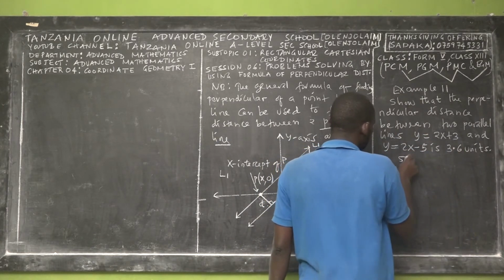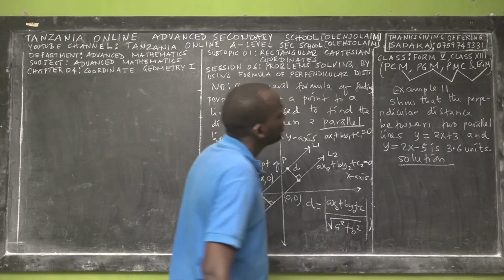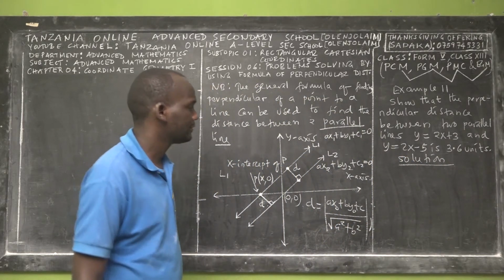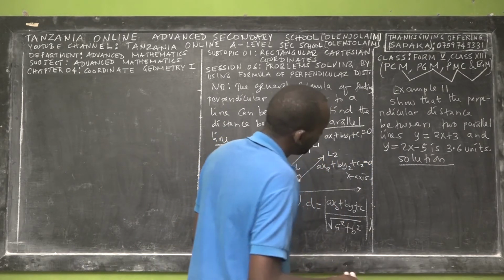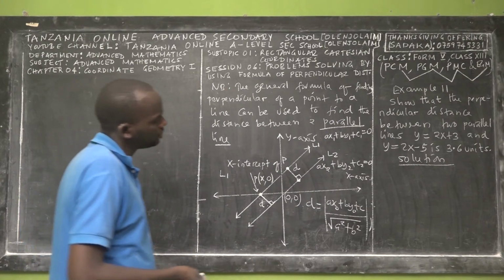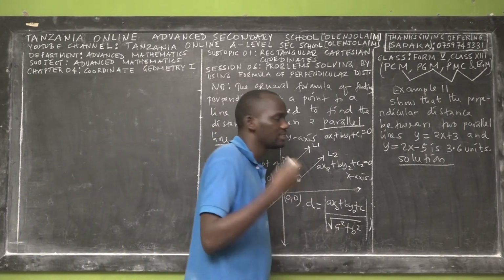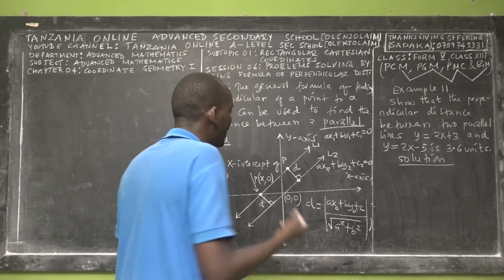So solution. We have to show that. Now we have two different lines. Remember that we can choose one line and find the x-intercept, and then also use the second line as a line.